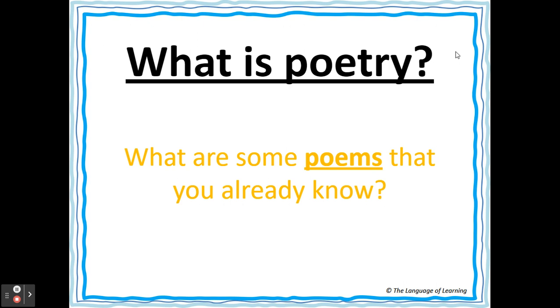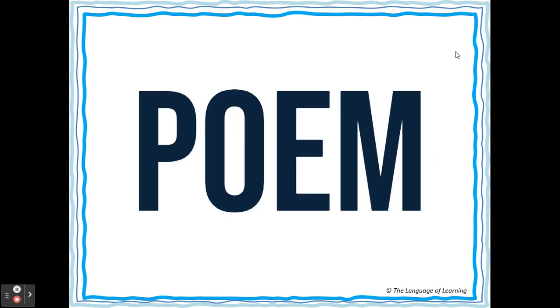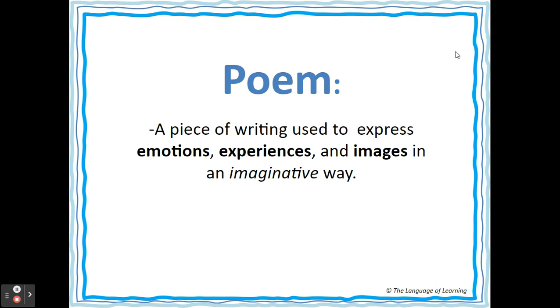So think about some poems that you already know. And let's see, what actually is a poem? So, a poem is a piece of writing used to express emotions, experiences, and images in an imaginative way. So, a lot of times, things will not just come out and say the literal meaning, like your shirt is black.